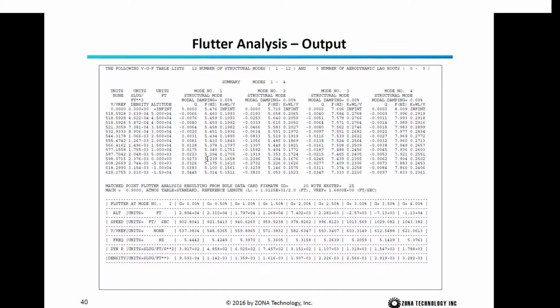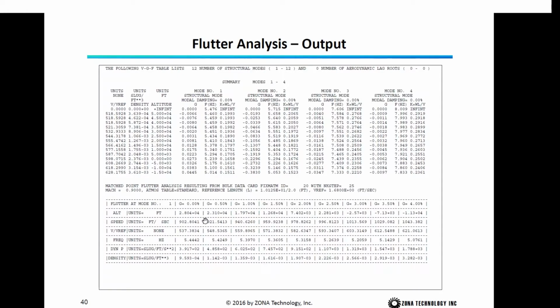And this is a typical flutter analysis output. You print out the velocity, density, and altitude, and for each mode you list out the damping, the frequency, and the reduced frequency.